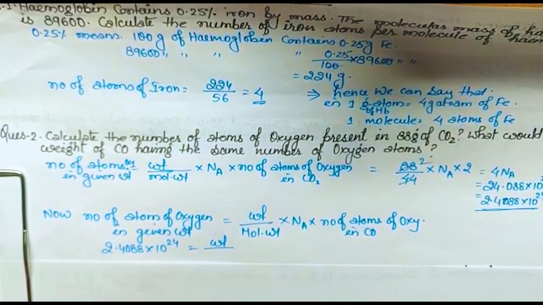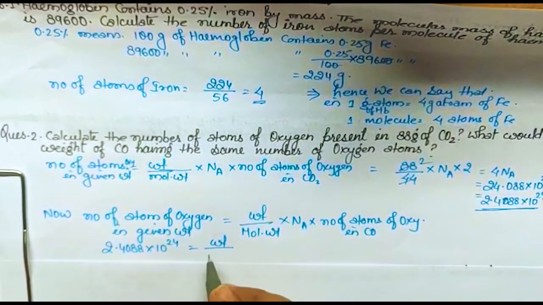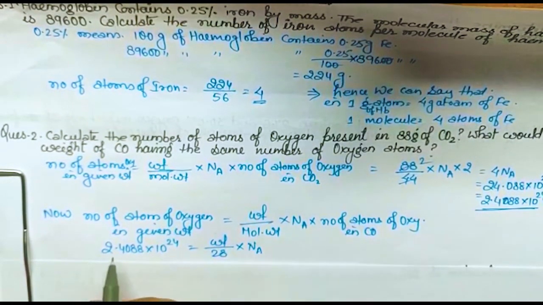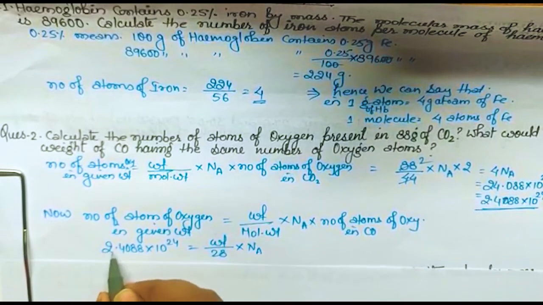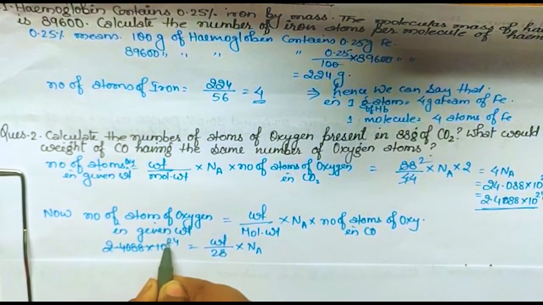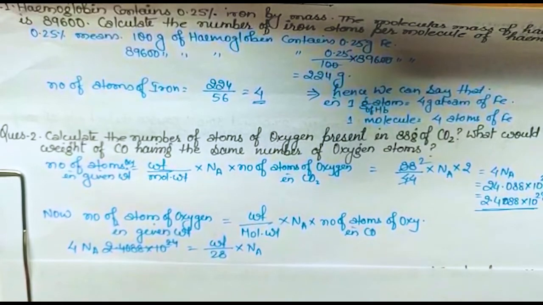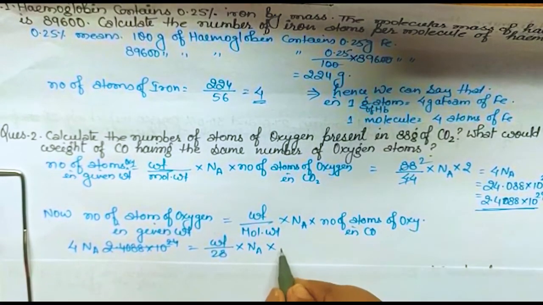Molecular weight of carbon monoxide is 12 plus 16, it is 28, into Avogadro number. This work will be easy if instead of this value we write 4Na, isn't it? So I'm just removing this and writing 4Na. Any doubt in this? Okay. The number of oxygen atoms in CO is 1.